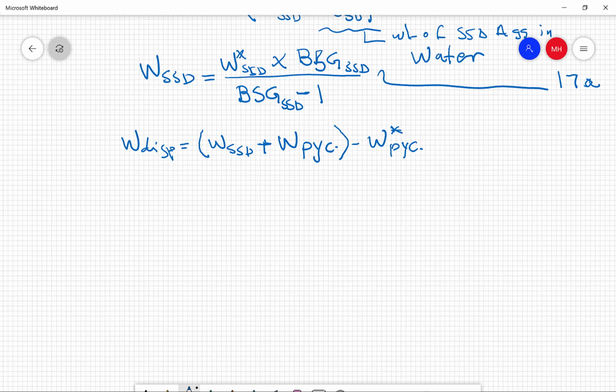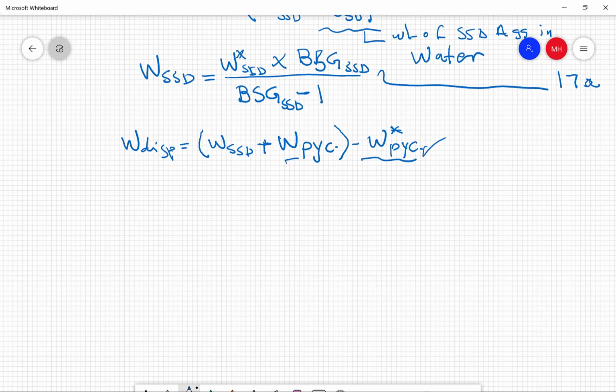So this value is basically measured experimentally, which, as defined above, is the weight of the pycnometer containing both sand and water, as we defined it above.